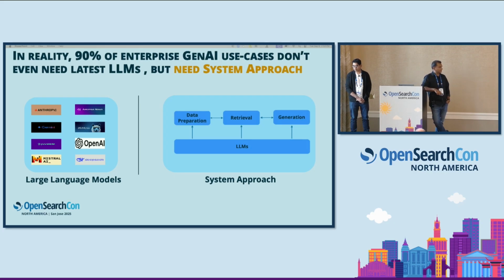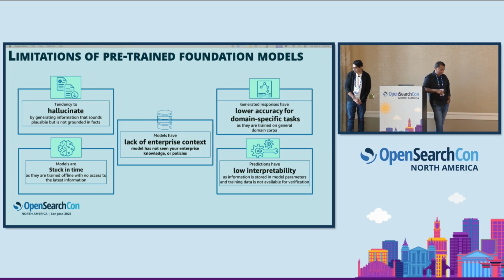And if you really look at LLMs, they are very smart. They're getting smarter day by day, but they are meant for very generic search. So they cannot address very specific problems, and they don't have the context that you're looking for in a particular use case. So that's where there are some limitations that we see with the LLMs, and these are some of the most popular limitations called out.